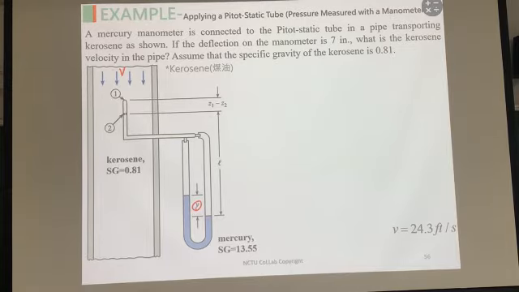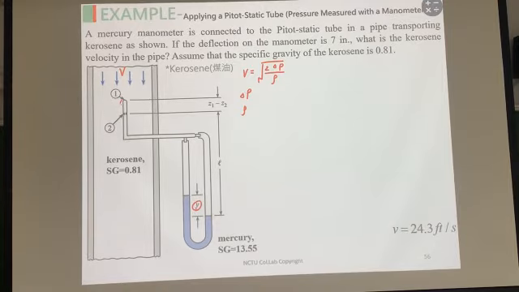So can you estimate the flow velocity? Based on what we know, the velocity is equal to the square root of 2 times the pressure difference divided by the liquid density. So if you can compute the pressure difference, and you know the density, you can estimate the flow velocity. So the question here is, can we compute the differential pressure?